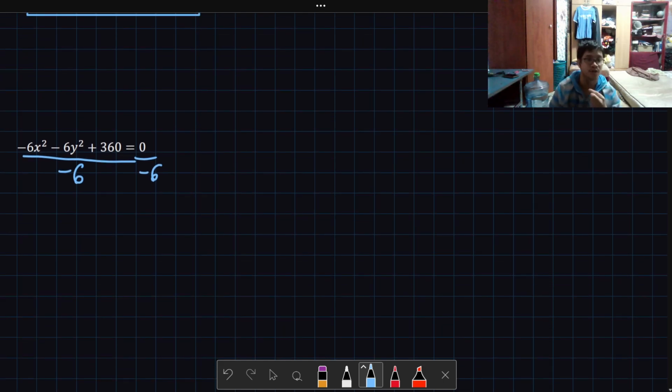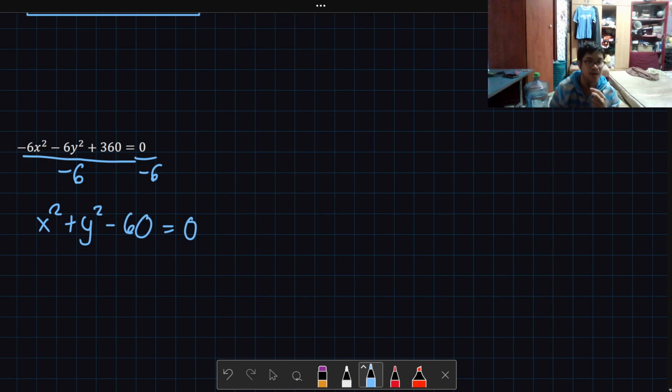So let's start on the left. Negative 6x squared divided by negative 6, you will have positive x squared. Negative 6y squared divided by negative 6, you will have plus y squared. Then positive 360 divided by negative 6 gives negative 60, so minus 60. Then on the right, 0 divided by negative 6 is simply 0.